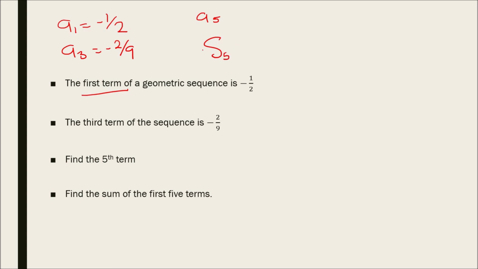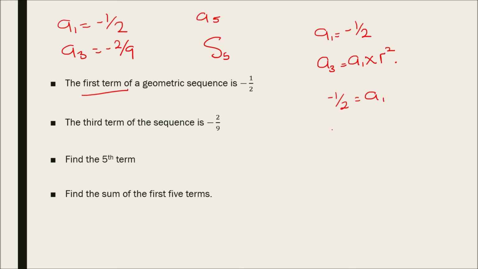Okay, so first of all, we have to find r. Remember, a1 is minus 1 over 2. What's a3? It is the same thing as a1 times automatically 3 minus 1, so r to the power 2. So we have minus 1 over 2 is a1, and then a3.